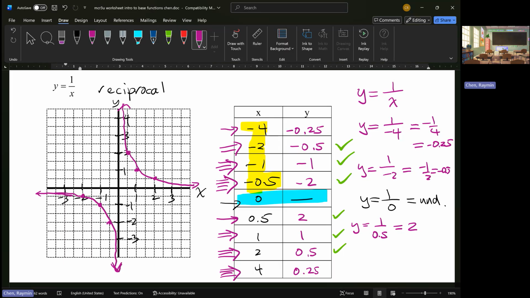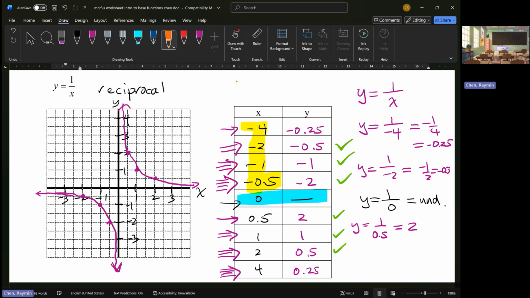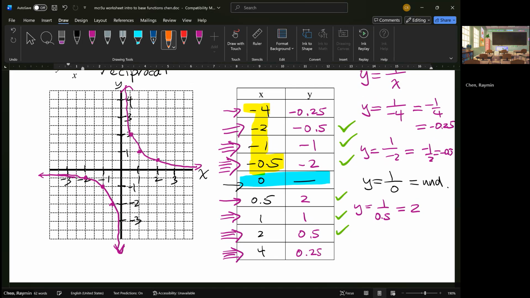This is the function of the reciprocal. It has 2 characteristics, and the 2 characteristics are as follows. I'm going to try to emphasize them both with different colors. I'm going to use, hopefully, this orange to represent something. This function actually has what's called a vertical asymptote.